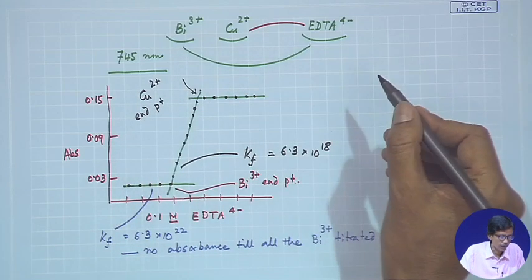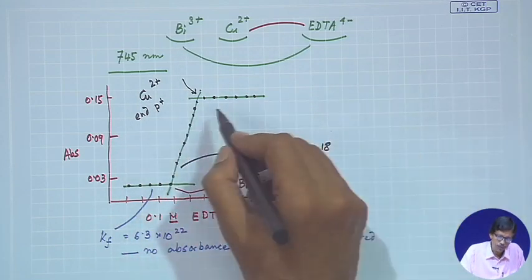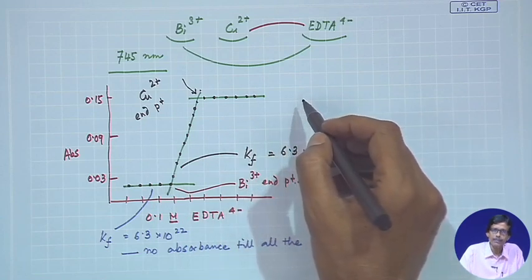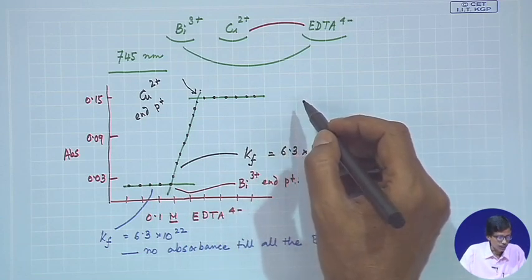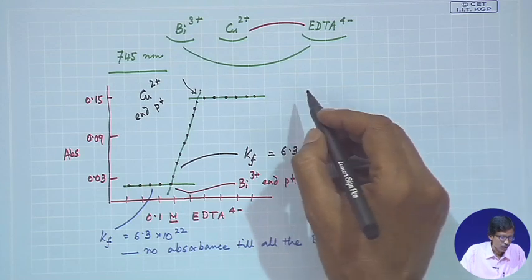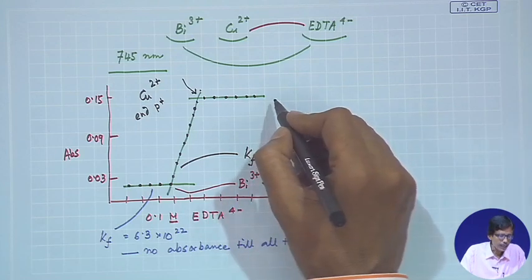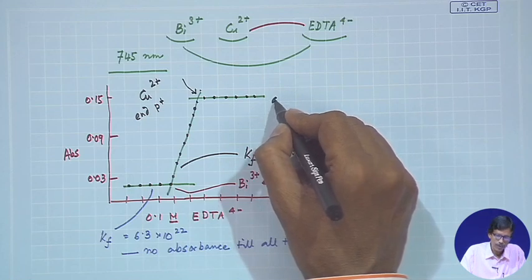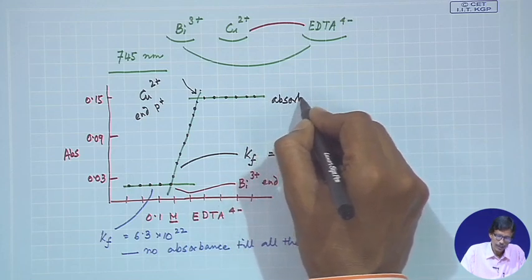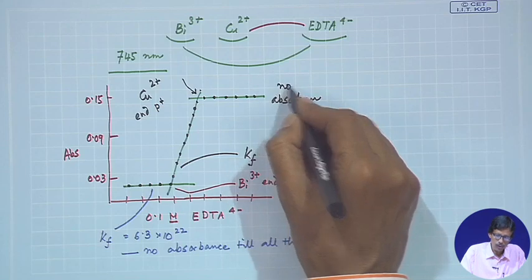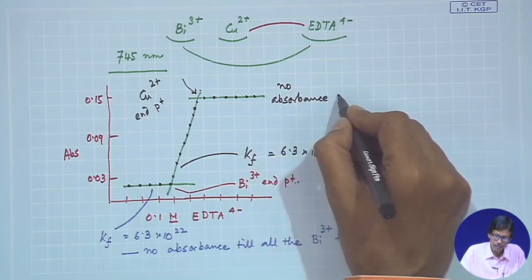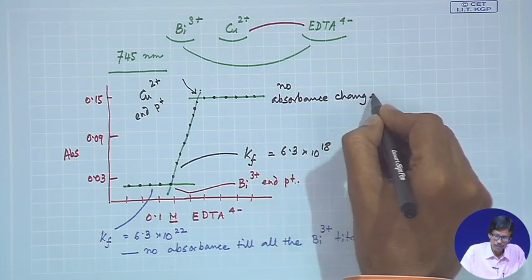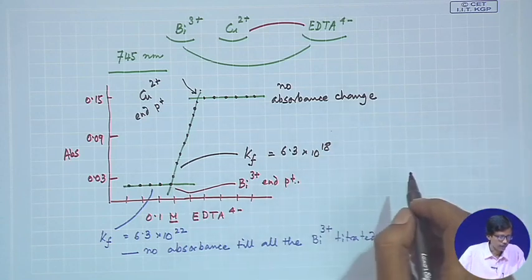After that, if we add more and more of this reagent, the tetrasodium salt or the disodium salt of EDTA, further addition will not cause any absorbance change. So, no absorbance change beyond this point.